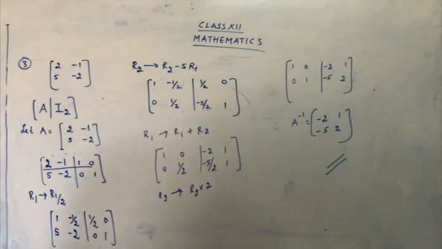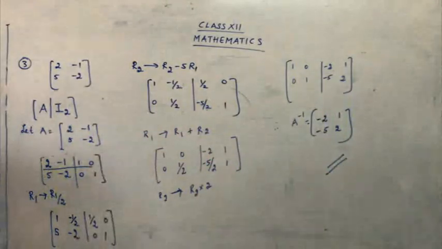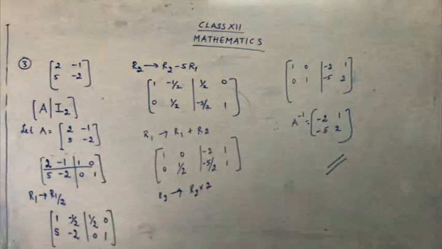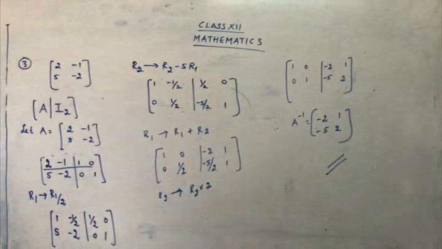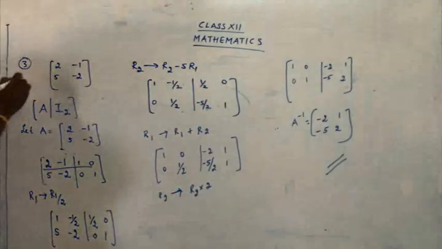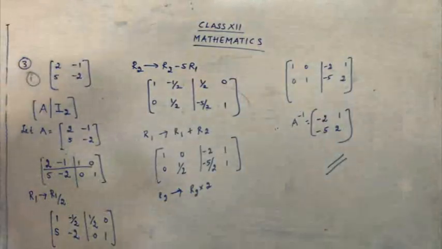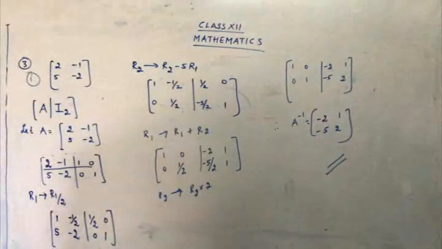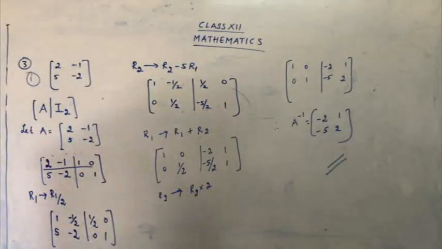So take down the answer, children. We have completed subpart 1 from question number 3. Now let's go for the second subpart. And the third subpart will be your homework, children.